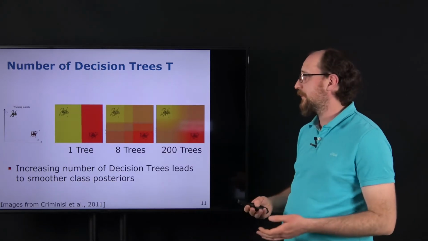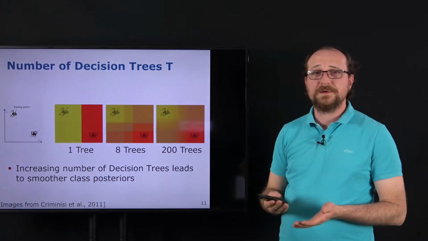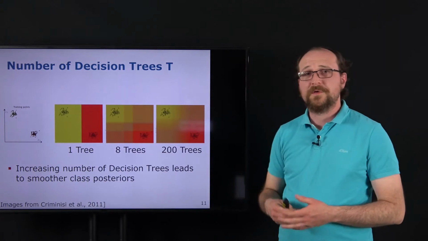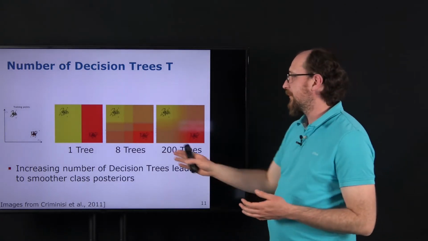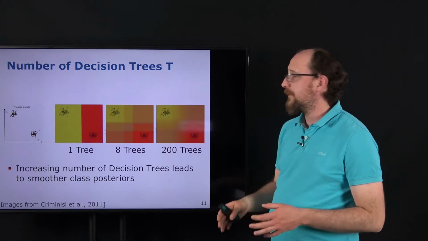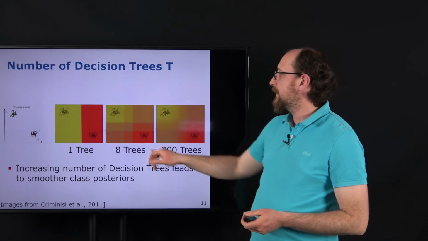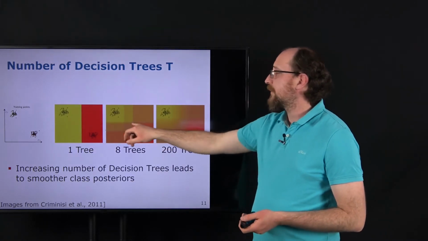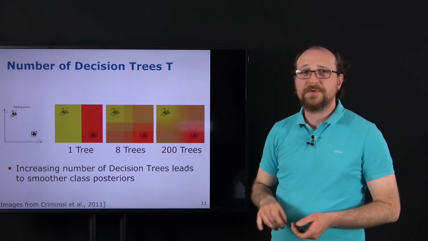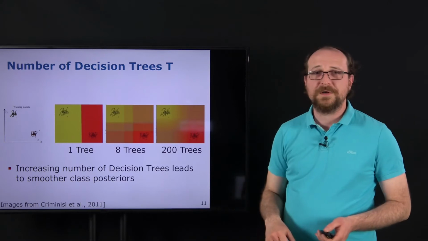And this is of course achieved because each tree does a slightly different split in the end. Here in this case, the splits are just randomly chosen, not because of some feature, but somewhere in between. And therefore you get for each tree a different voting. And when you then aggregate all these votes from these trees, then in this region the trees will not agree very much, and therefore the probability from the posterior that you get in the end is something around 0.5.